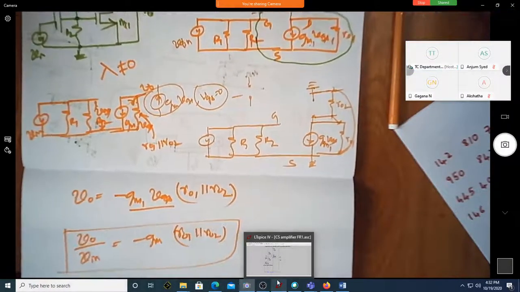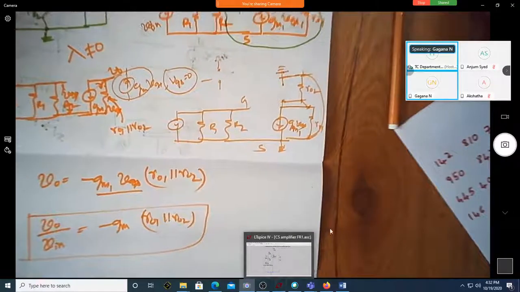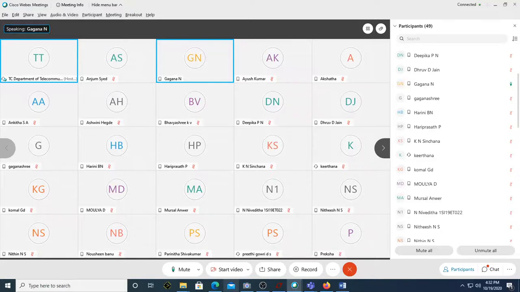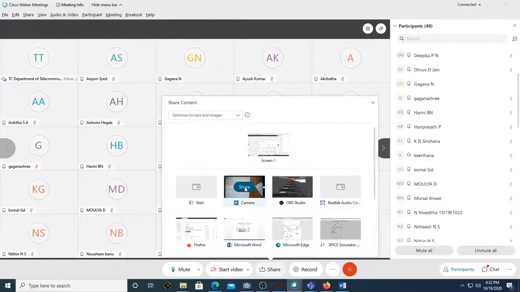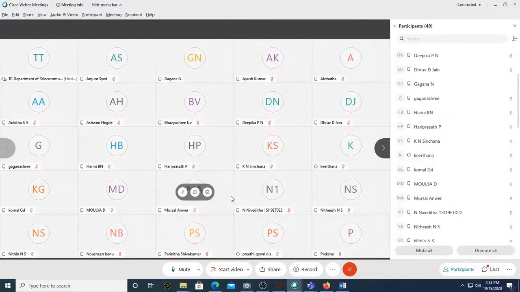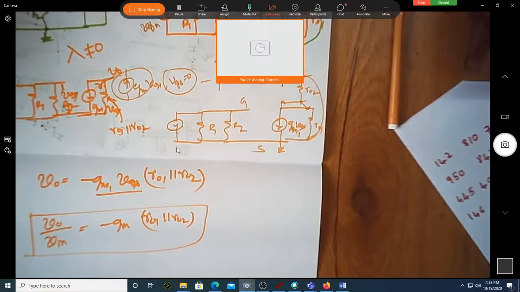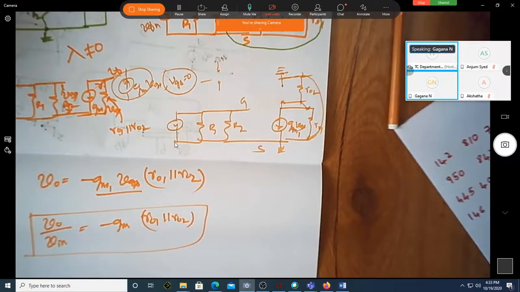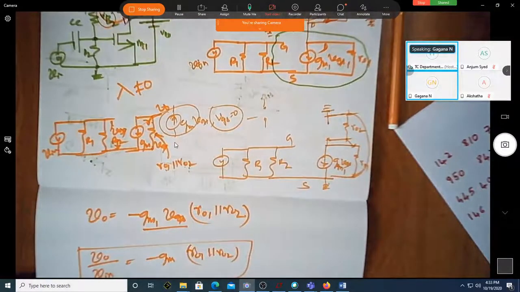Sir, now it's again stuck. Okay, let me just check it. Is it fine now? Let me just link it. I think now it's fine. Correct. Yes, sir. Now, what is this circuit now?